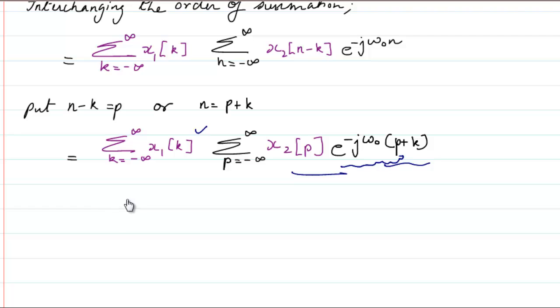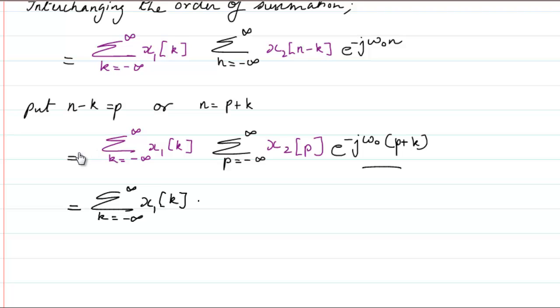So if I rewrite that, summation k is equal to minus infinity to infinity x1 of k into e raised to power minus j omega naught k, and then summation p is equal to minus infinity to infinity x2 of p e raised to power minus j omega naught p.